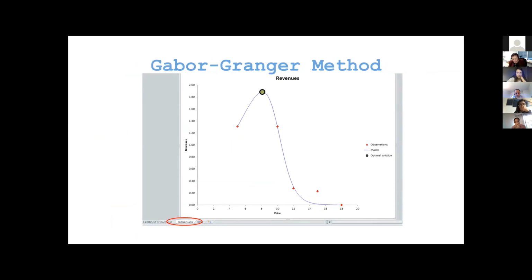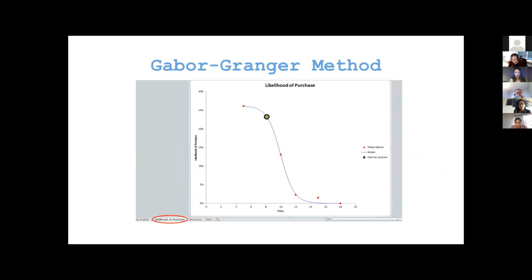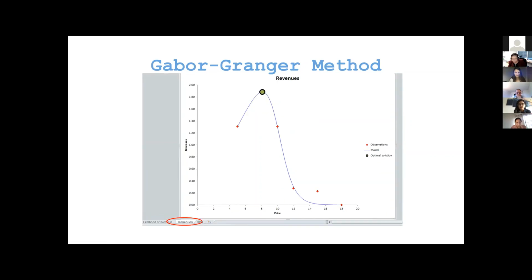So based on this graph that you see here, where you see expected revenues versus price, it's easy to see, well, this is my highest level of expected revenue, so this must be my optimal price. If you come down here to the graph, that's about $8. And this is going to be similar to the in-class exercise you're expected to do. Interpret these graphs from the Gabor-Granger model and identify the optimal price.